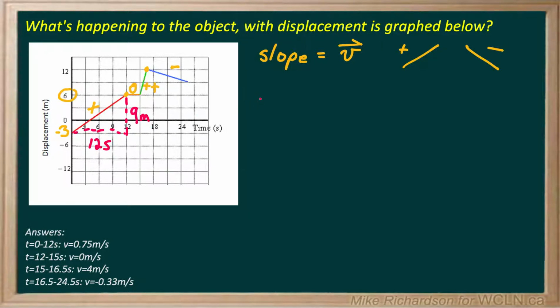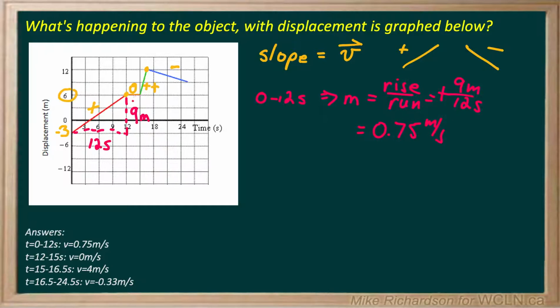So if I'm finding the slope of region 1 between 0 and 12 seconds, I would say my slope, which we call m, is rise over run, which is 9 meters over 12 seconds. And it's a positive slope because it's slanting from lower left to upper right. And I get a value of 0.75 meters per second.